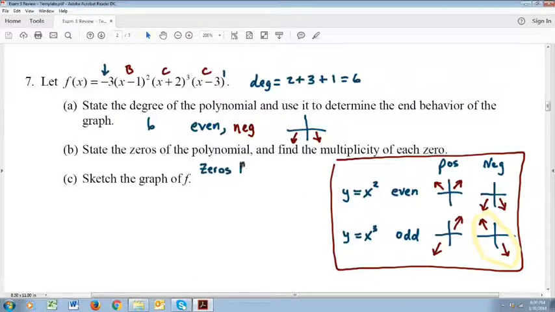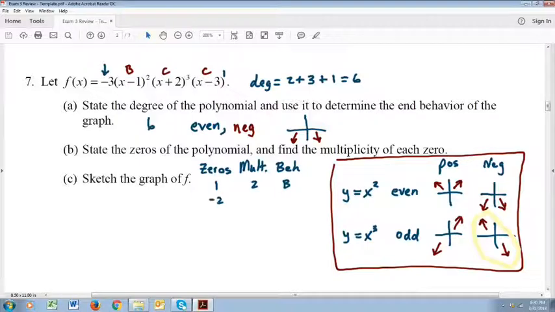So let me go ahead and make a chart here. So our zeros are going to be, see, x minus 1 is a factor, so 1 will be a 0. 1, 0 would be the corresponding x-intercept. Multiplicity here is 2, and so that's why we bounce there, or in my math lab it talked about touching and turning.